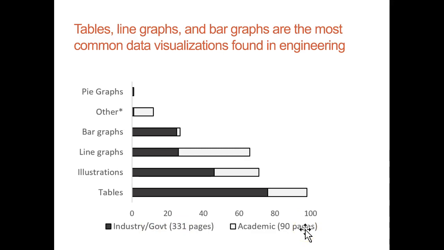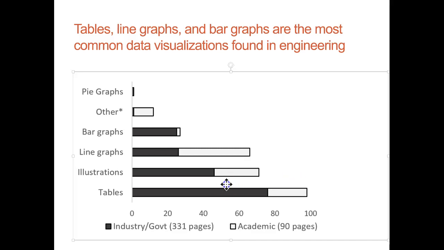Now, the original story of the visualization that I focused on in my article was that pie graphs are very rarely used, and that was my main focus. But this data is also reflected in other studies that have done similar things more systematically.